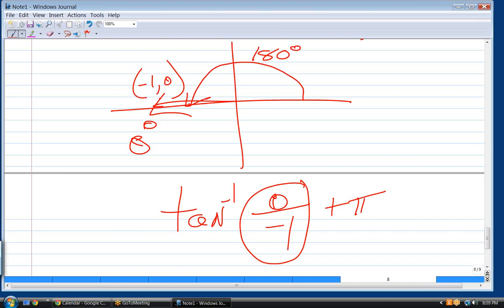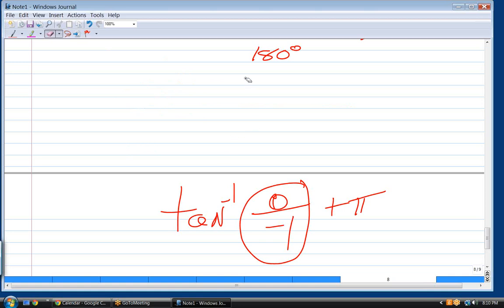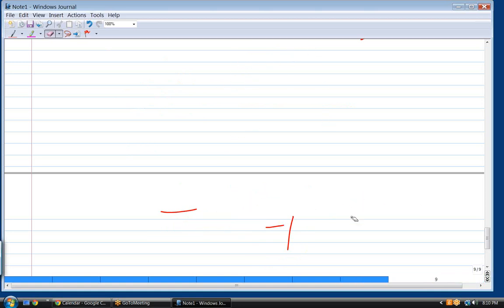In trig, we were always interested in the reference angle, which was just the angle between that line and the x-axis. But in polar coordinates or vectors, it's the angle between the positive x-axis, this thing right here, and the vector.